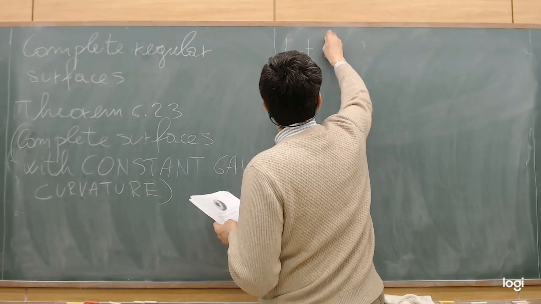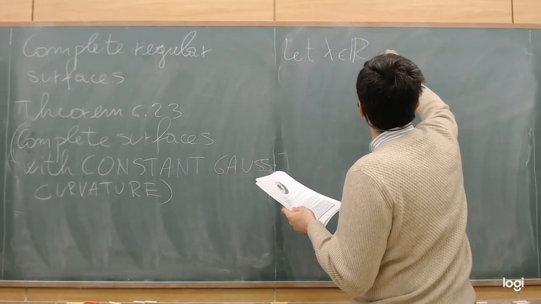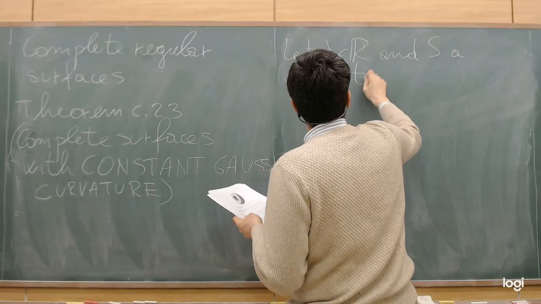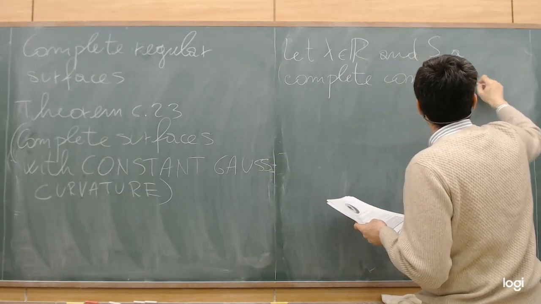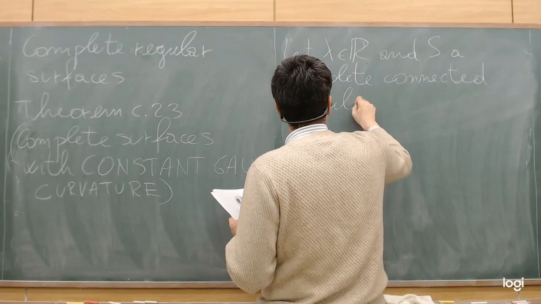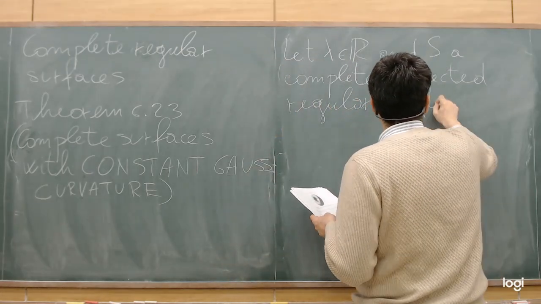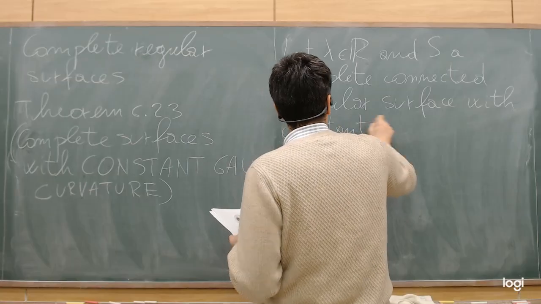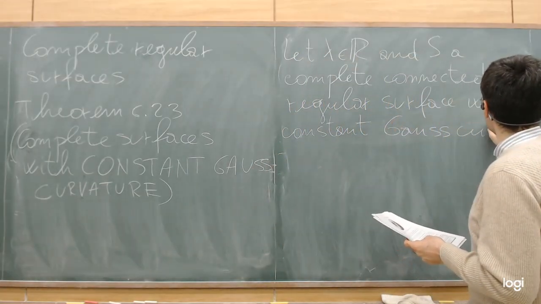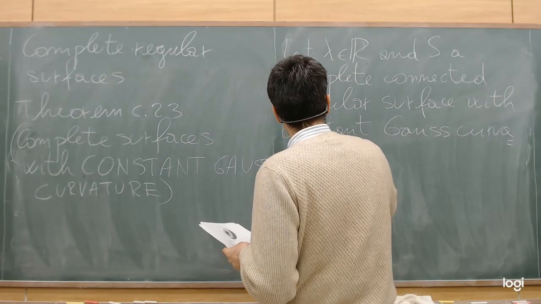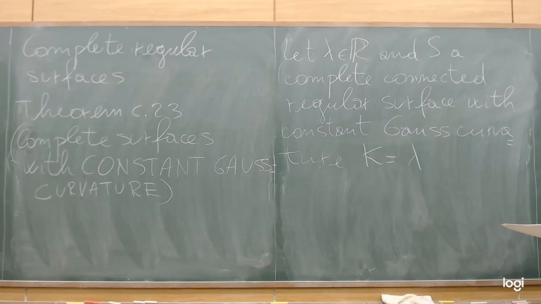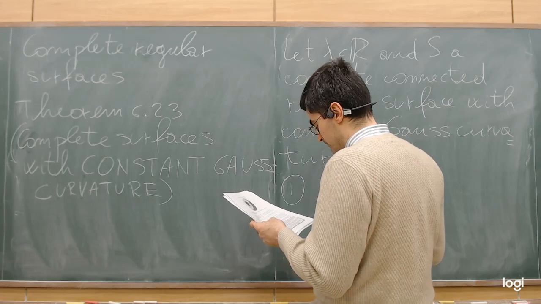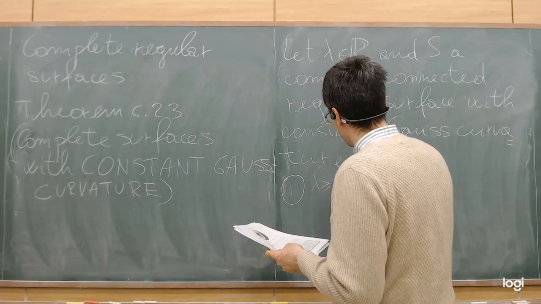So let lambda be a real number and S a complete connected regular surface with constant Gauss curvature K equal lambda. Then we have 1, lambda is non-negative.